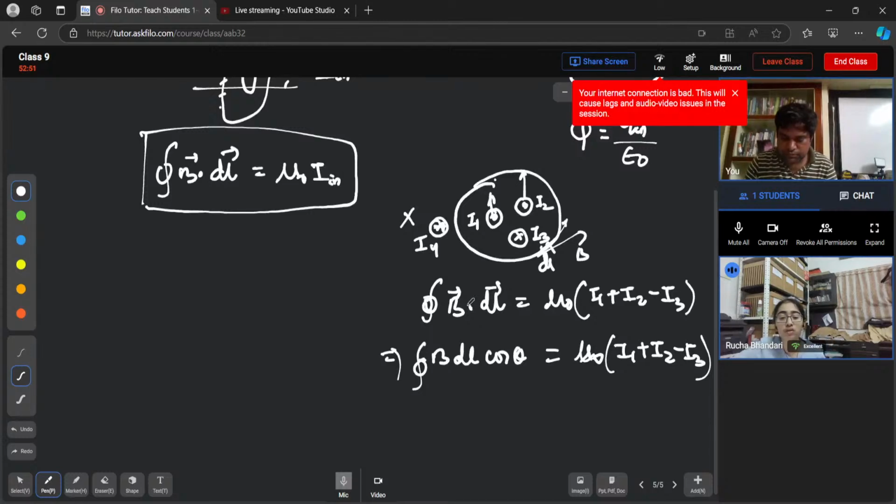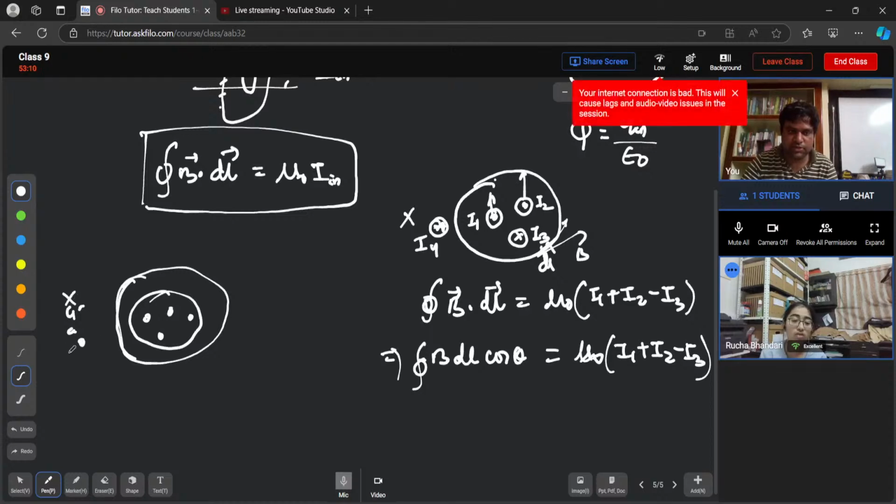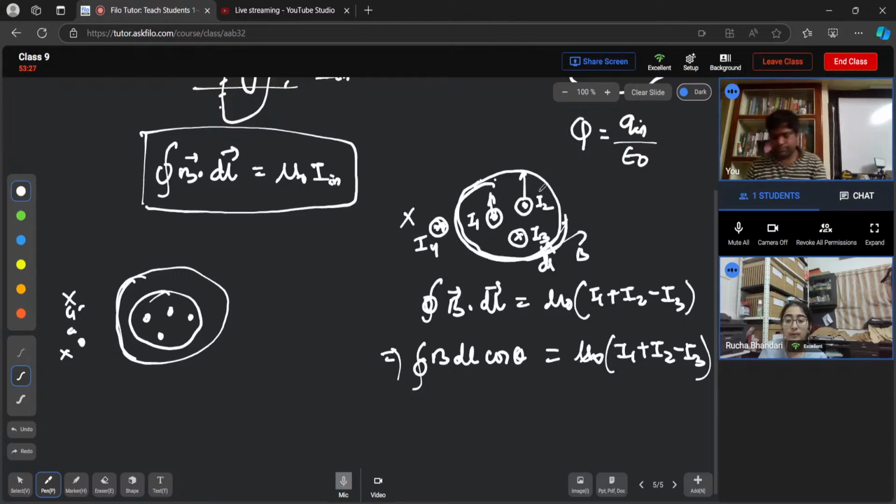Then what is the role of I4? Gauss's law is also like that. Suppose this is a loop with some charges inside and some charges outside. When finding the flux linked with the closed surface, we sum the charges inside, not the outside charges. Here also, we are not including them in the magnetic field calculation for this loop.